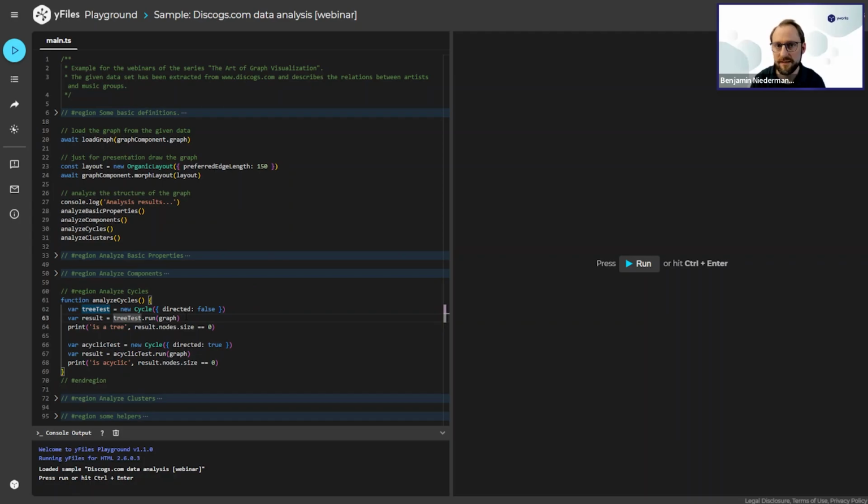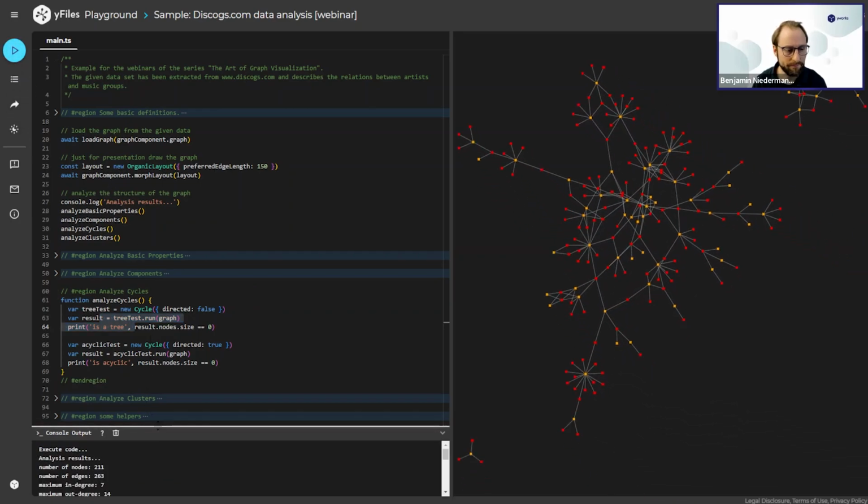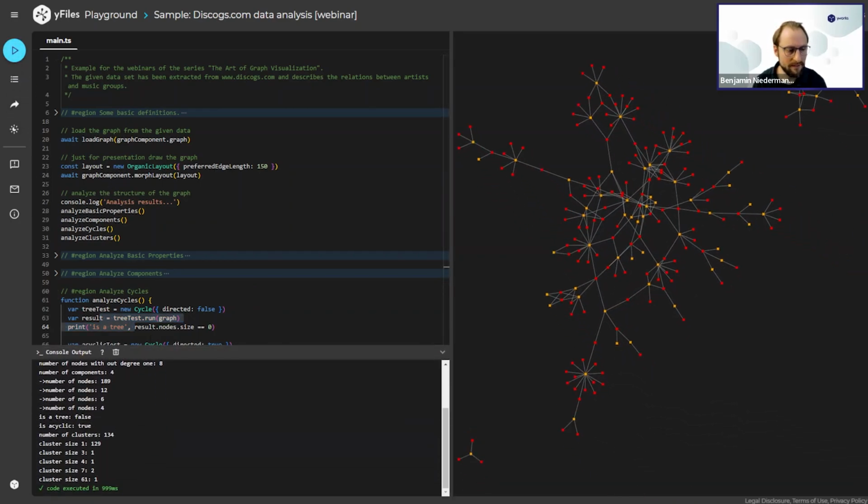So we know that we already have several components, so then we know that each component must be a tree. I can run this shortly. And we see here is a tree, and the answer is false. No, it's not a tree.